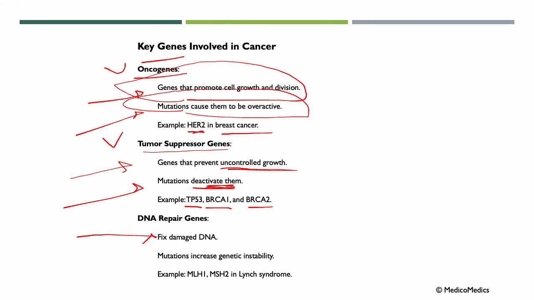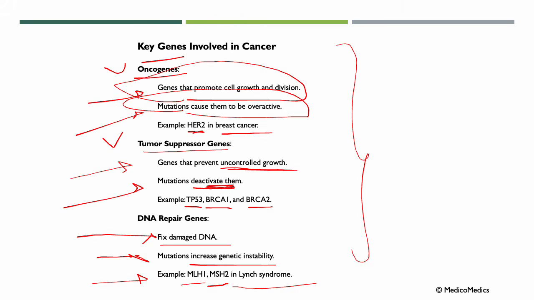DNA repair genes. These help in repairing and fixing damaged DNA. And mutations here increase genetic instability. Examples are MLH1 and MSH2 in Lynch syndrome. So all in all, some genes act like gas pedals in a car, like oncogenes.